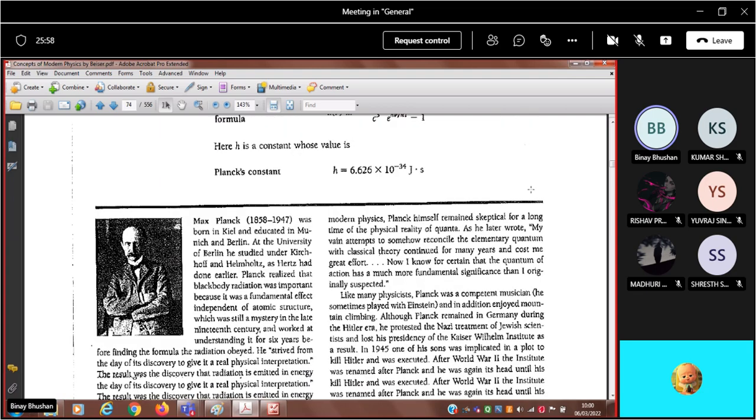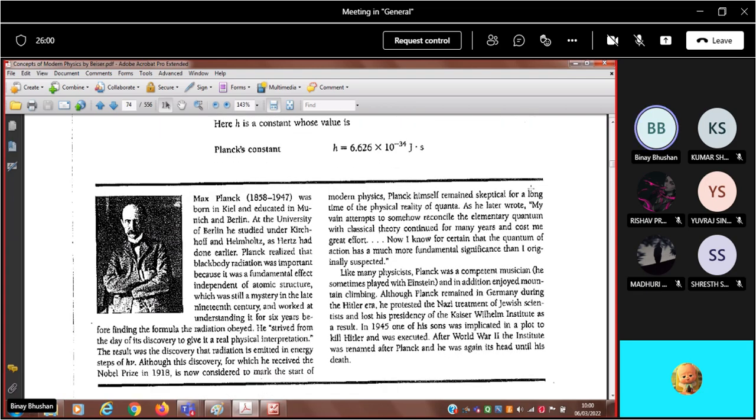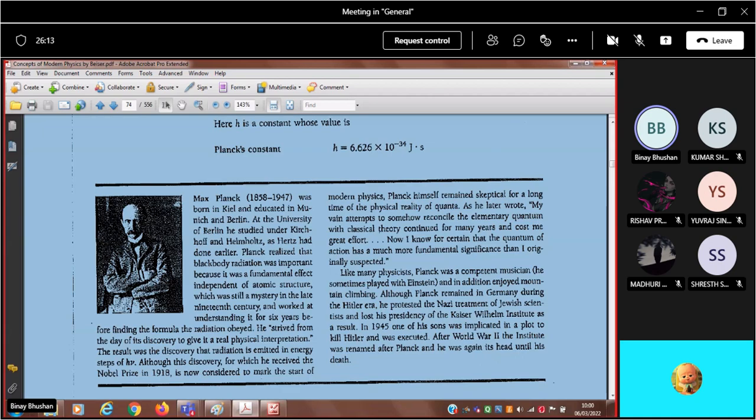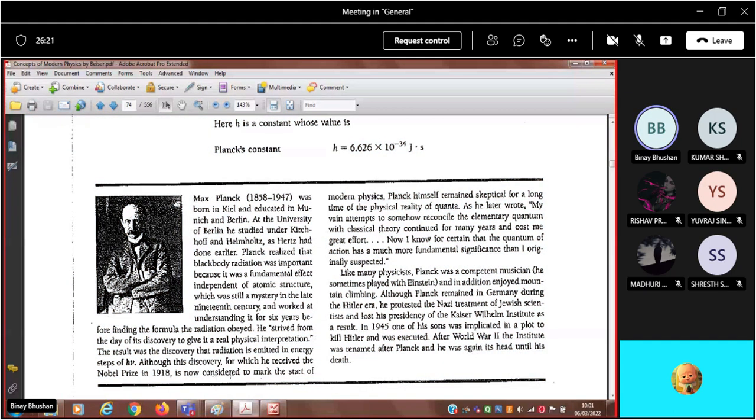We can have a brief introduction of Max Planck here. He received the Nobel Prize in 1918, and this is now considered to mark the start of modern physics. Modern physics means quantum mechanics.